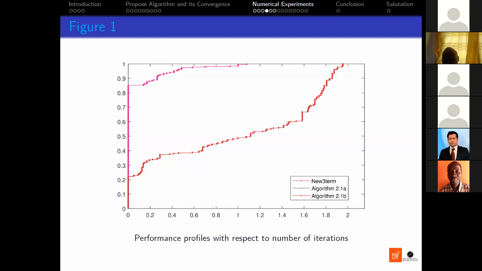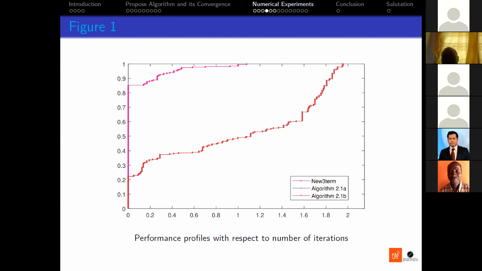So in these 240 runs, the new three-term algorithm has fewer iterations in 80% of those problems, which is more than 200 problems.